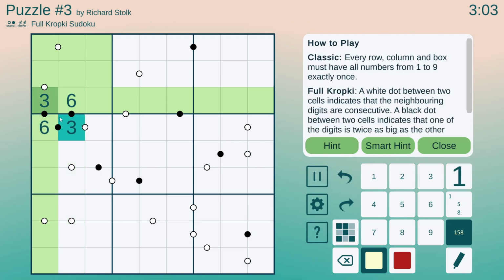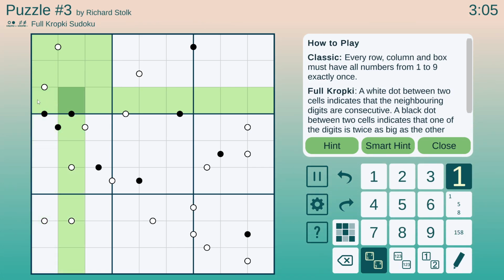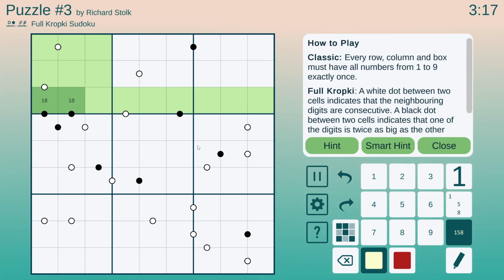Right, that makes sense. How do I uncheck these? There we go. So this has to be 1, 2, 4, 8, or the other way around. So this would be 1, 2, 4, 8. This is either 1 or 8. And this is 2 and 4. And since 2 and 4 are accounted for, this has to be 3, 6. So that's how you start the puzzle.